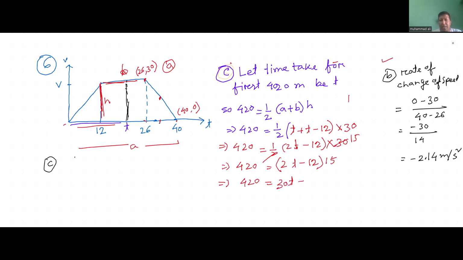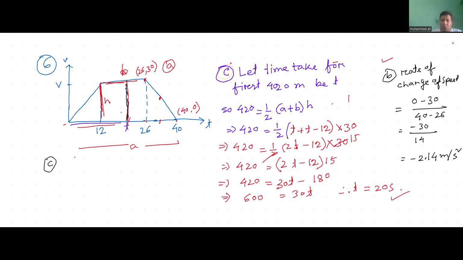When 180 comes to the left side, it will be 600 equals 30T. That means T equals 20 seconds. So our part C answer is also completed. 420 meter is traveled in T seconds. As I said, here we use the trapezium rule, then finally find the value of T.